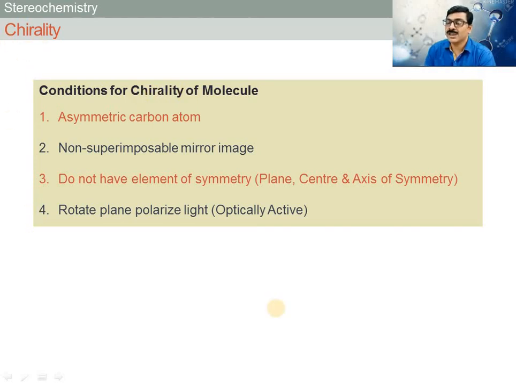So the first condition is an asymmetric carbon atom. Second is that it can form a non-superimposable mirror image, which was covered at the start of the lecture. Now we move towards the third condition, that is element of symmetry.